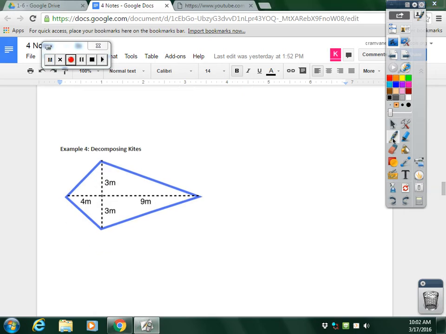Love it. It's a kite. This kite is split into 1, 2, 3, 4 triangles. So I'm going to actually only write the formula down 2 times, and I'm going to tell you why. I'm going to try to work smarter.